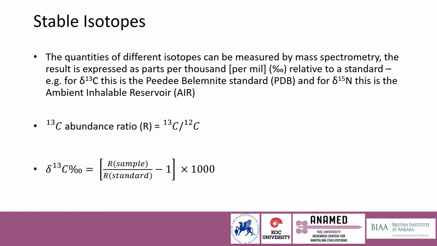For carbon, the carbon 13 abundance ratio is the ratio between carbon 13 and carbon 12, and the equation below is the standard equation for calculating your delta value. Your delta carbon 13 in parts per mil is the ratio of the sample, that's what you're analyzing, divided by the ratio of the standard, which in carbon is the PDB, minus 1, and then times 1,000, which gives it per mil.